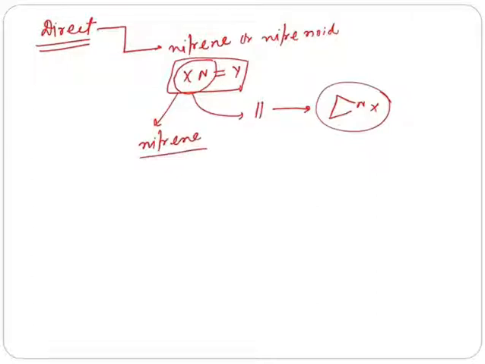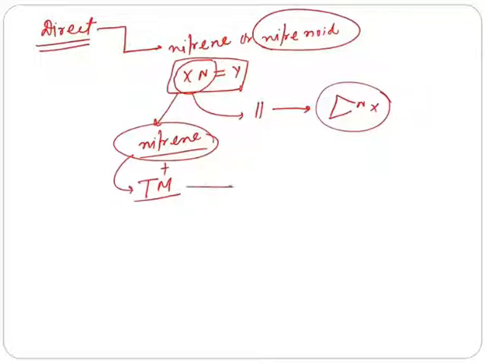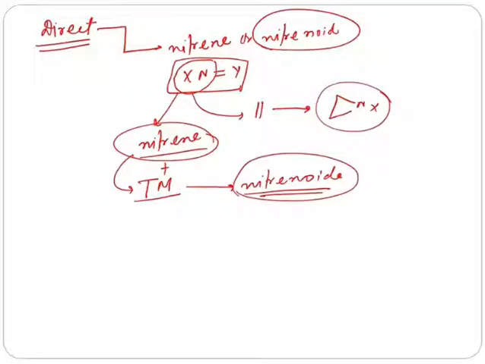Now what is nitrenoid? Nitrenoid is nitrene coordinated with a transition metal. So if nitrene is coordinated with transition metal, this gives nitrenoid. By nitrenoid technique, we can easily synthesize aziridine ring by direct aziridination technique. Here, two different reagents are used.